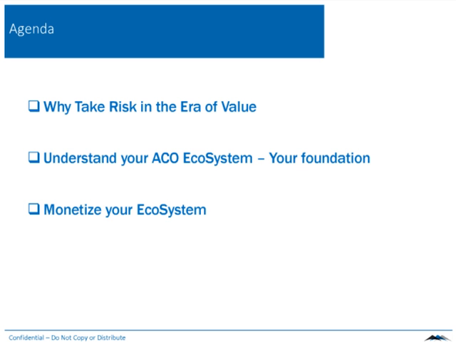The second is understand your ecosystem: understand the providers and how they're participating, how they are relating to each other, how they're performing, and then understand the foundation that you've established with your accountable care organization. And then finally, monetize your ecosystem.